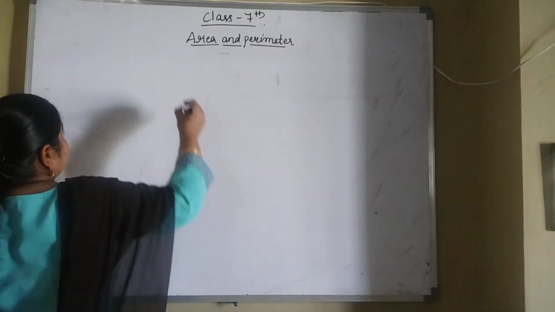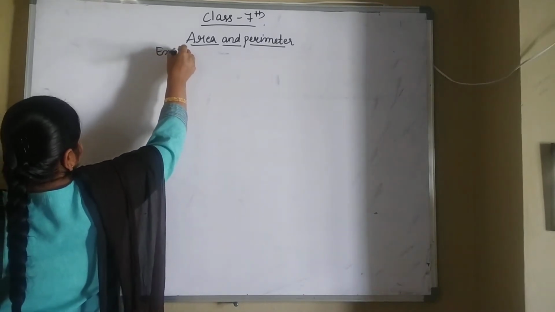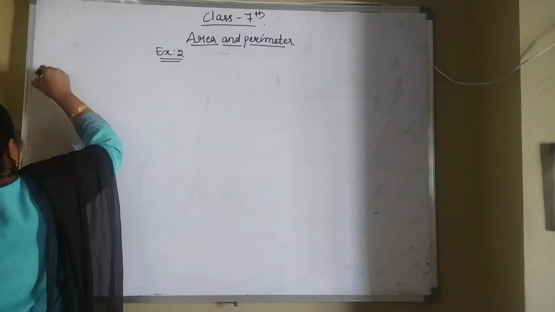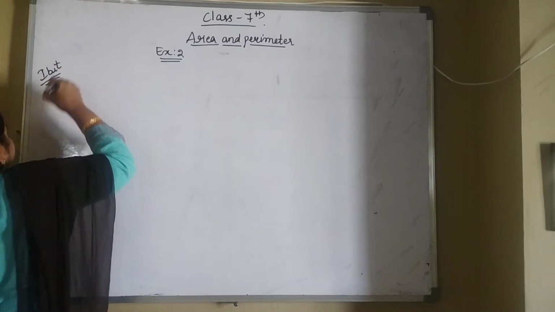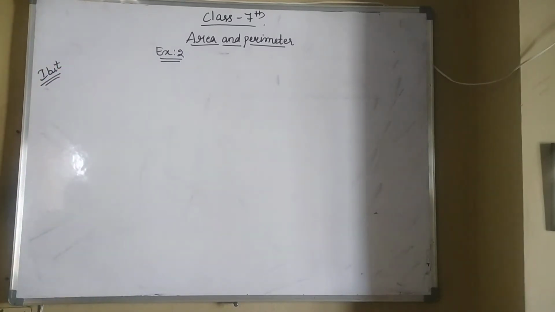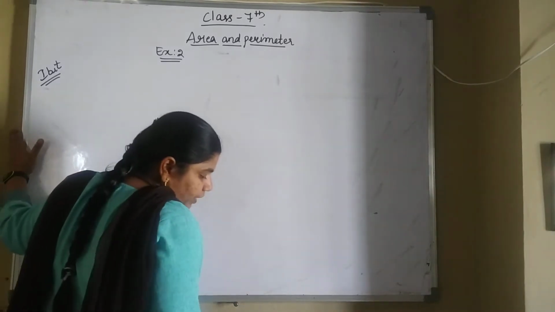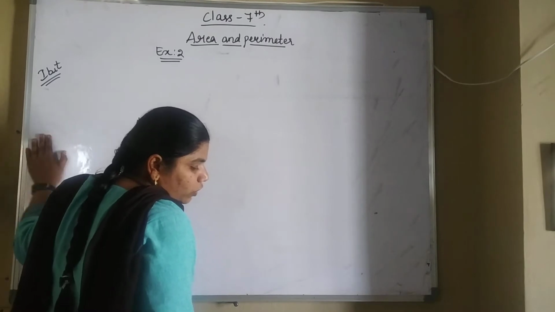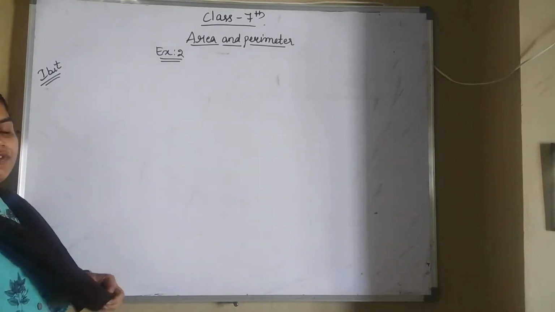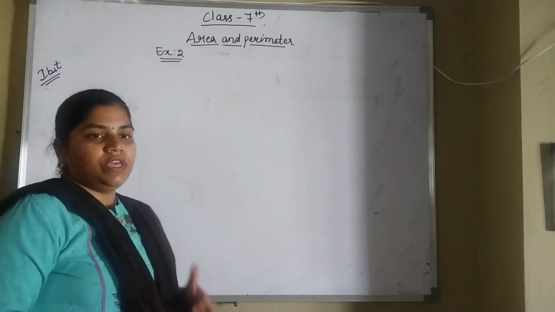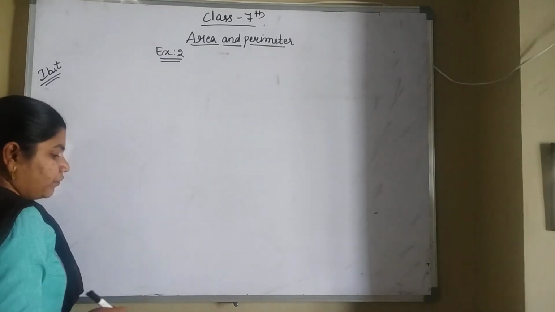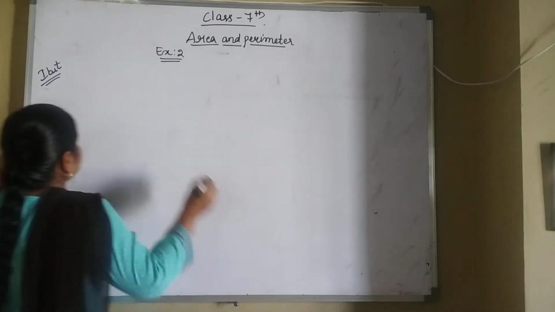Exercise 2, first bit. What is the first bit? Find the area of each of the following parallelograms. They have given some different parallelograms and we have to find the area of them. The first one, the figure is in this way.